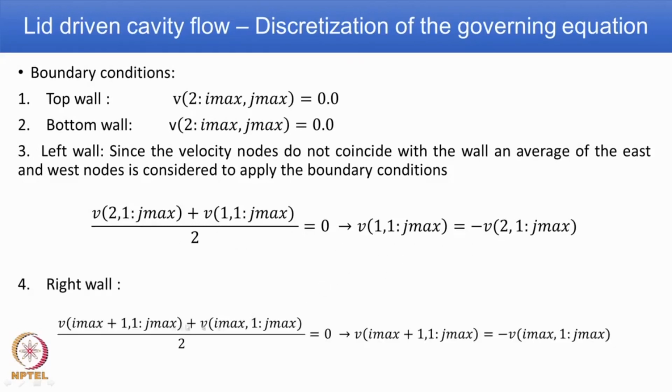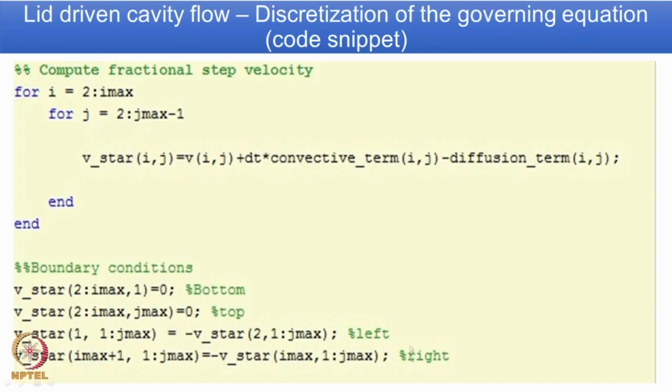Similarly, on the right side wall, V(i max plus 1, 1 to j max) plus V(i max, 1 to j max), divided by 2, equals 0, and if you rearrange you get the expression as shown here. This is what we enforce in the boundary condition code as shown here.